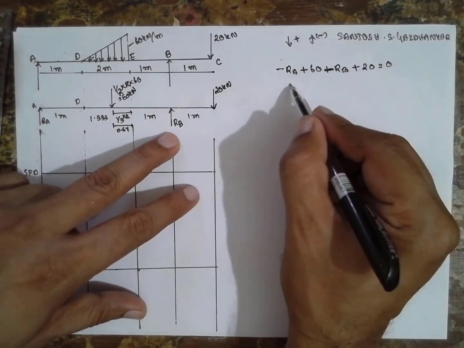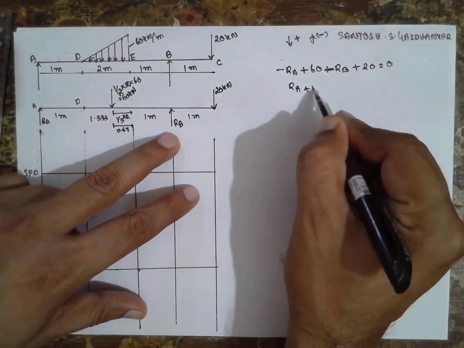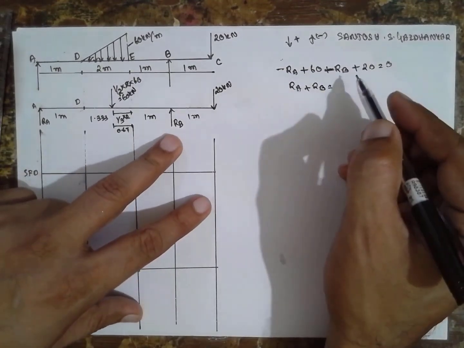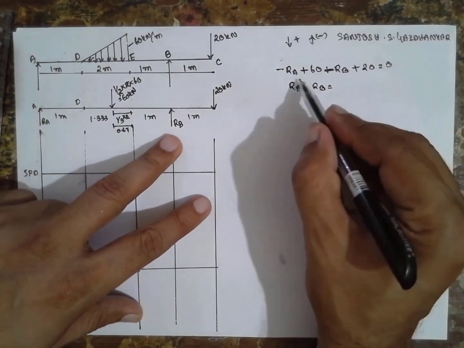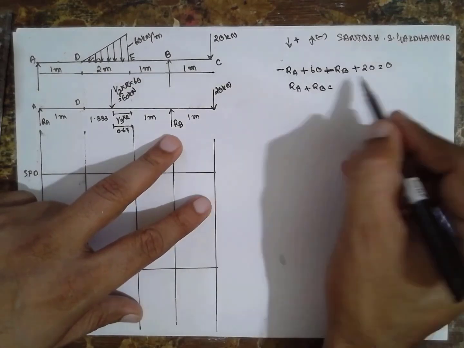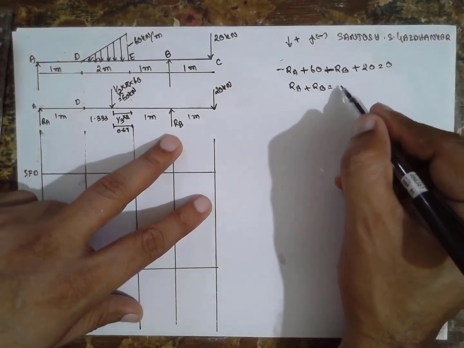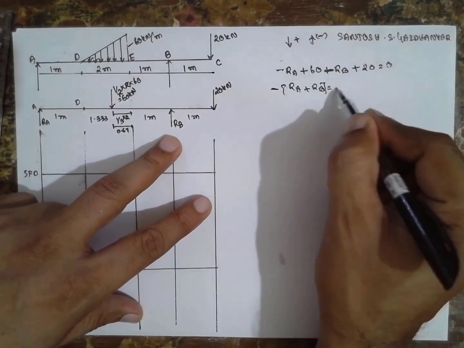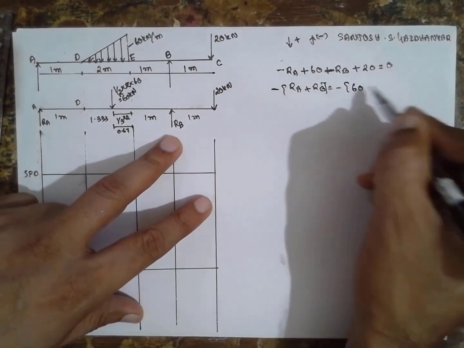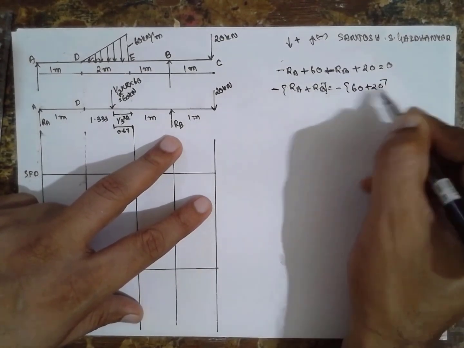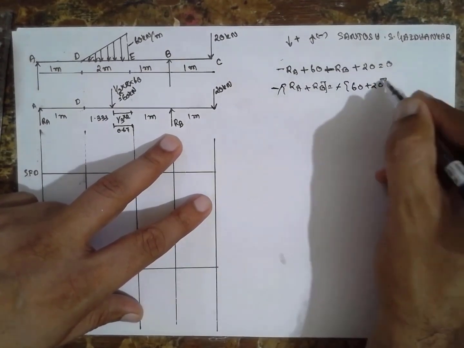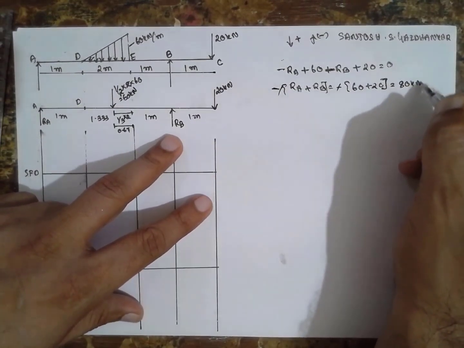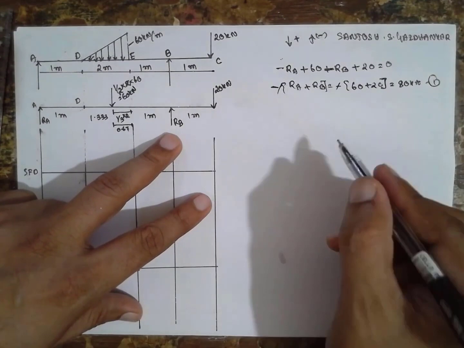Then it can be written as RA plus RB is equal to, bringing this side, the minus signs get cancelled, 60 plus 20, it becomes 80 kilonewton. I am considering this as equation 1.